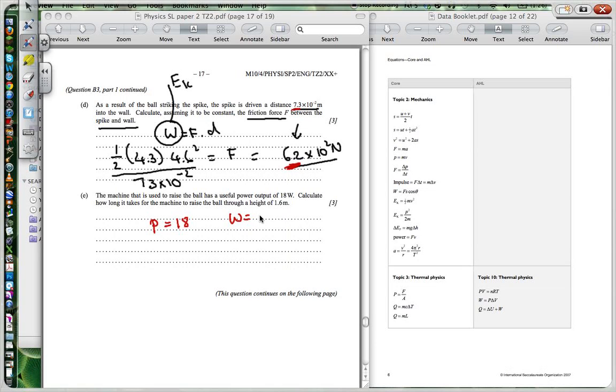So the mass is 3.5 times your 1.6 meters times your g, which is 9.81.